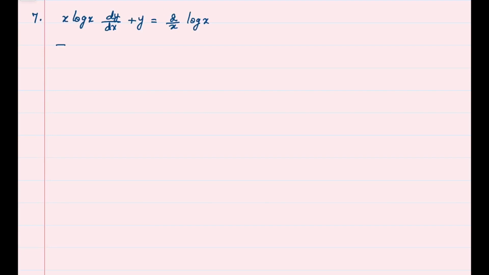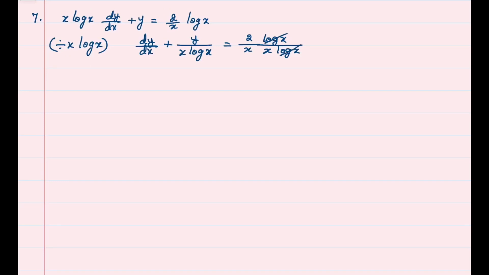We will divide the whole equation by x log x to bring it to linear differential equation form. dy by dx plus y divided by x log x equal to 2 by x log x divided by x log x. dy by dx plus 1 by x log x times y equal to 2 divided by x square.